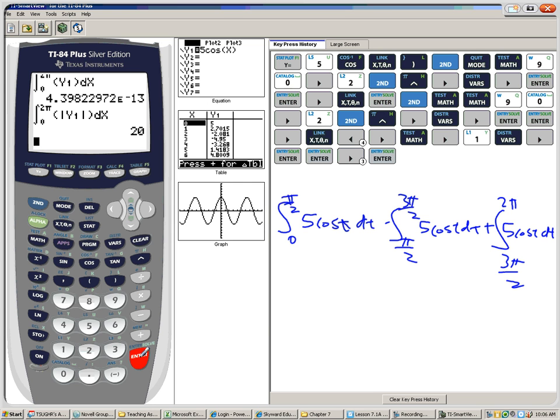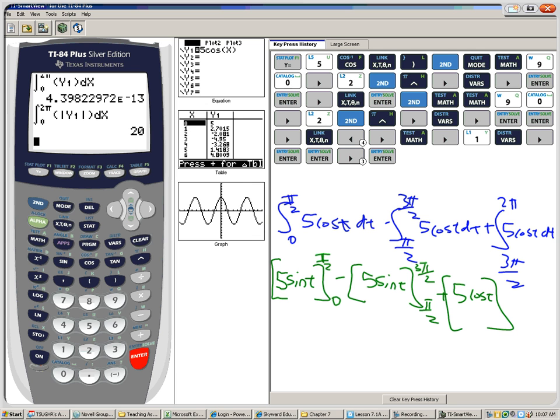If we anti-differentiate, we said we're going to get 5 sine of t from 0 to pi over 2, 5 sine of t from pi over 2 to 3 pi over 2, and then 5 sine of t from 3 pi over 2 to 2 pi.